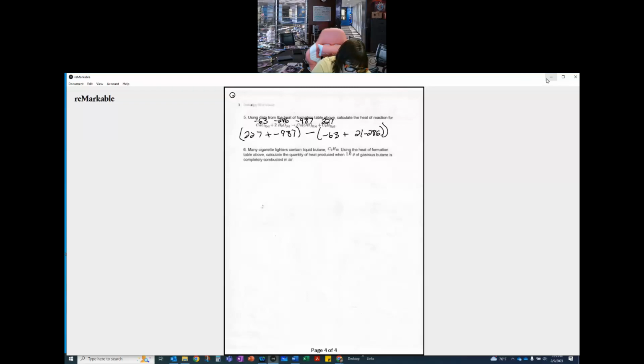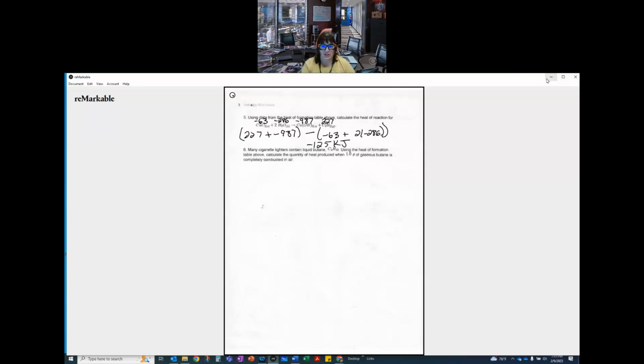So 227 plus negative 987, subtract the entire quantity of negative 63 plus 2 times negative 286. It gives me negative 125. Okay.